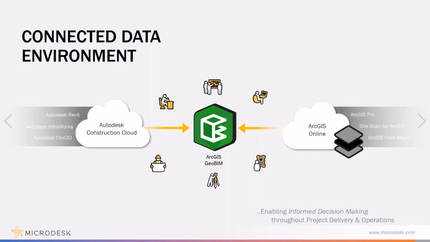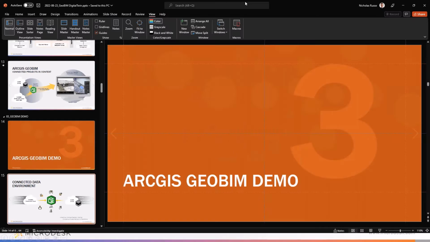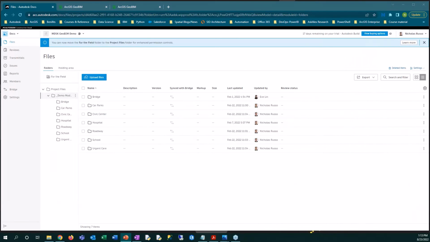For this demonstration, an ACC project has been connected to GeoBIM, making the file structure of that project available to the GeoBIM application for direct linking of documents to the physical building elements. Now, without any further delay, we'll switch right over to ACC.